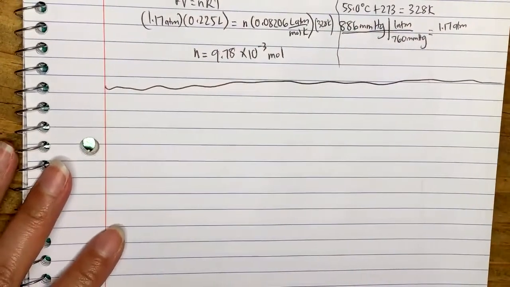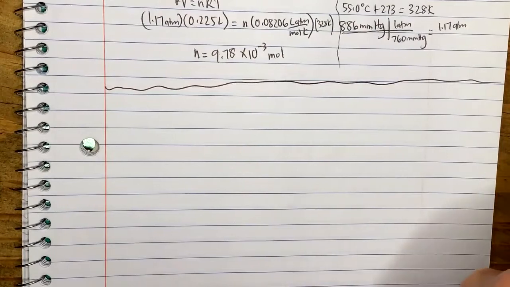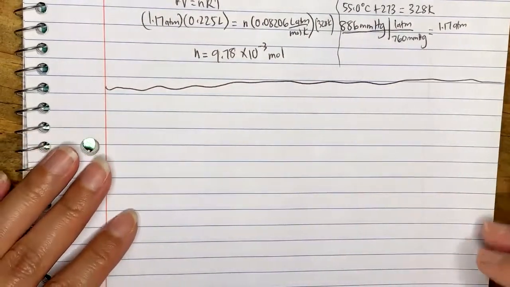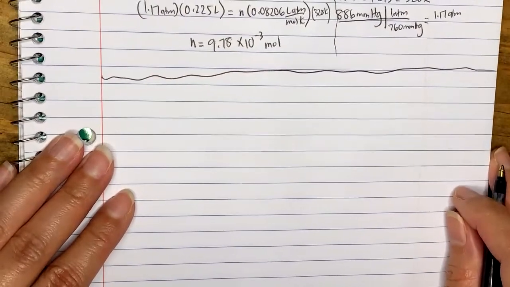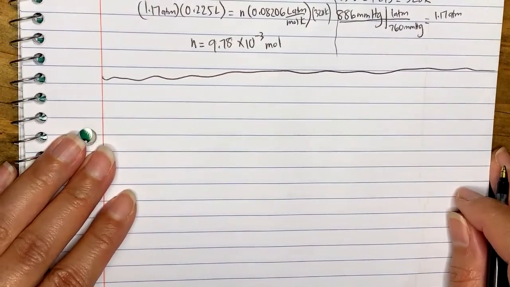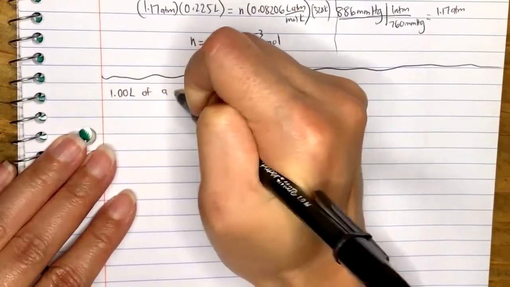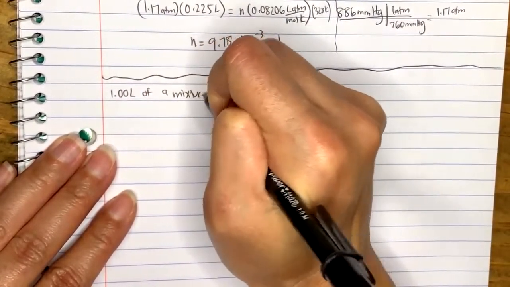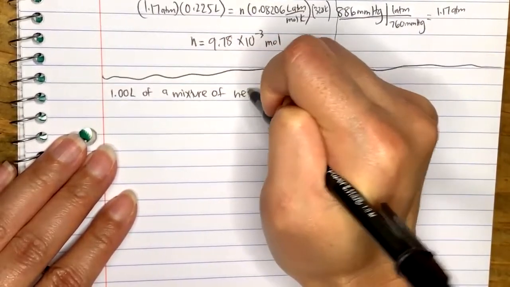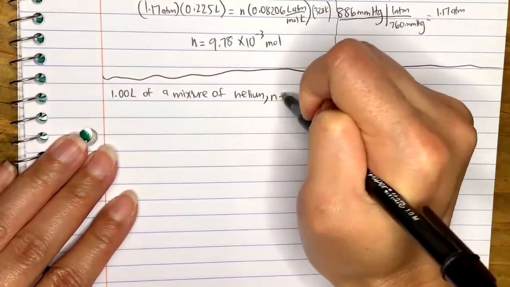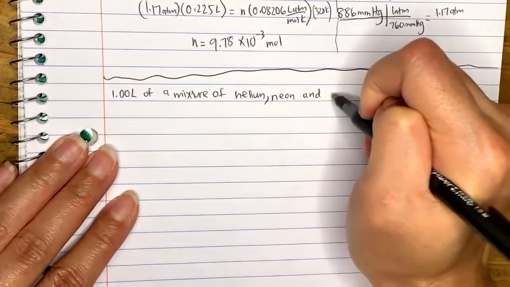All right, so the first one we want to do has to do with a tank mixture of 3 different gases. So 1 liter of a mixture of helium, neon, and argon.